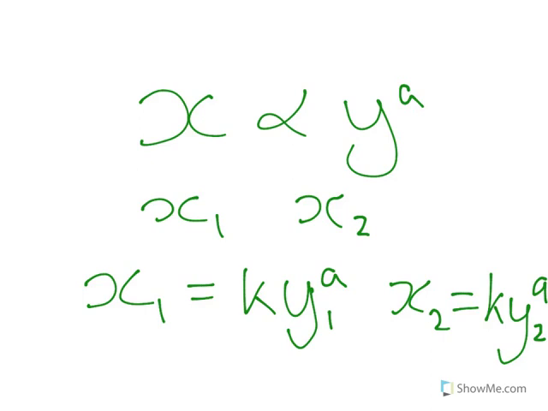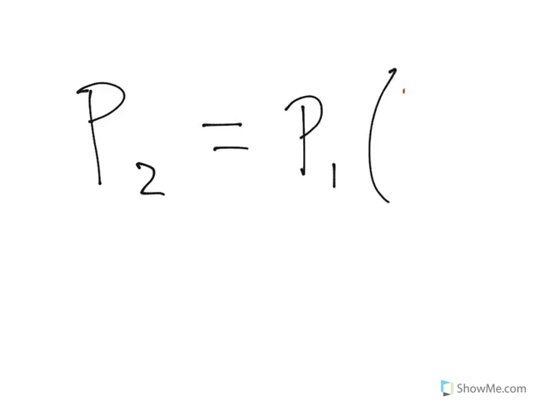were to divide x2 by x1, then that gives us x. Yeah, sorry, I wrote that slightly wrong. What I mean is P2 is equal to P1 multiplied by T2 over T1 to the power of the proportionality power, so 4 in this case.